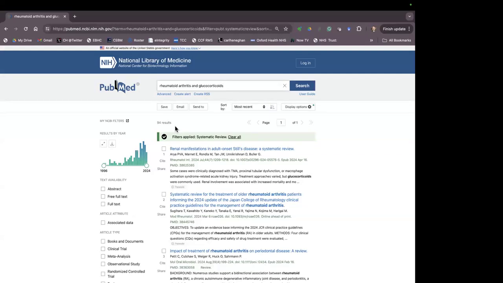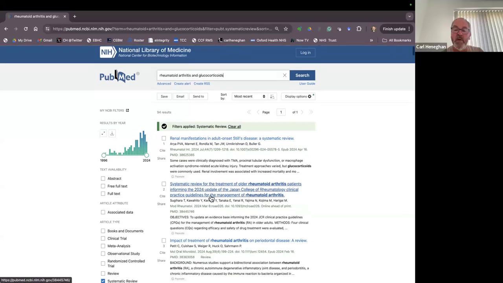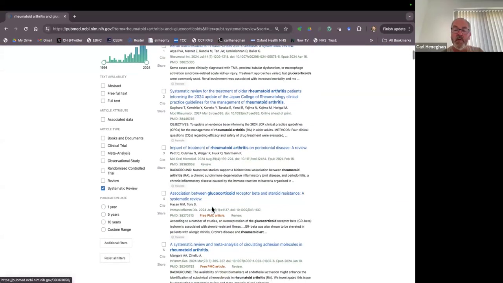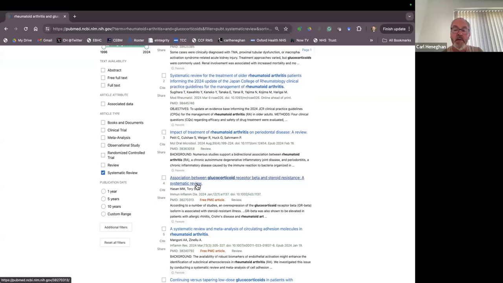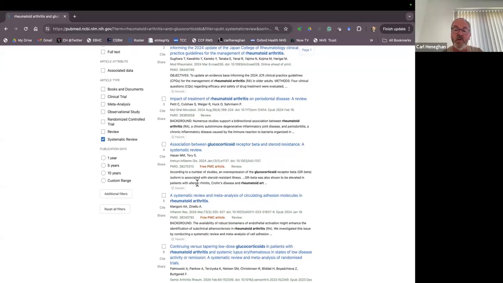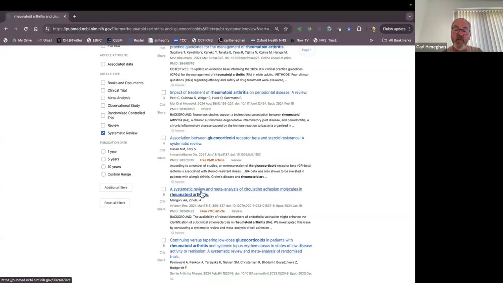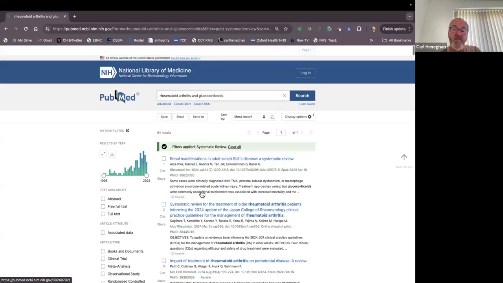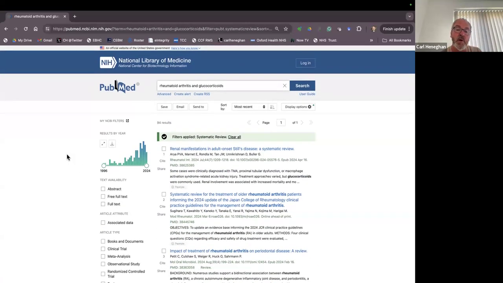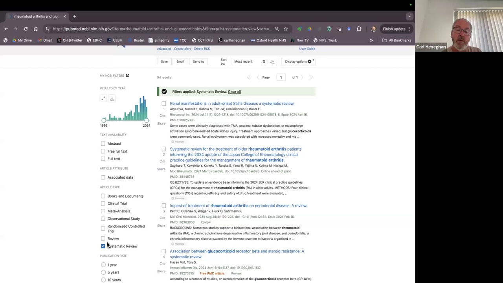Now, what you'll see is there's a whole host of systematic reviews here that have been done. So it's obviously a topical question that you could go and apply the QFAS to. So first off, it's not difficult if you use this structure to find the evidence.